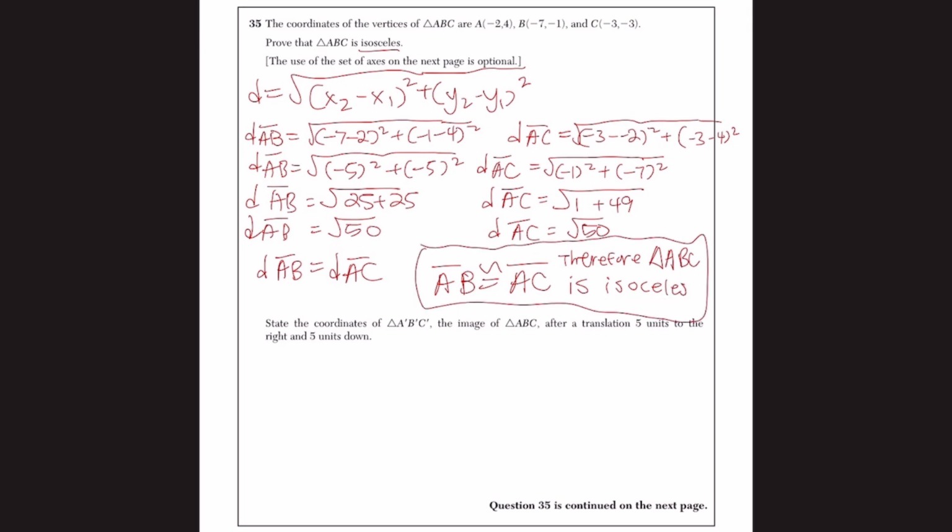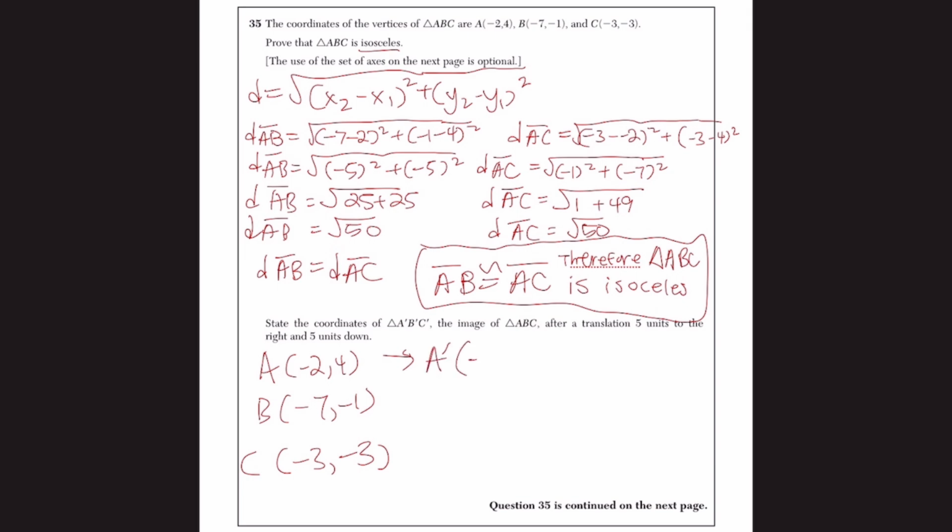Say the coordinates of triangle A prime, B prime, C prime, the image of triangle ABC after a translation 5 units to the right and 5 units down. So the coordinates for triangle ABC, A is (-2, 4), B is (-7, -1), and then C is (-3, -3). Okay, so to turn A into A prime, the translation is 5 units to the right and 5 units down.